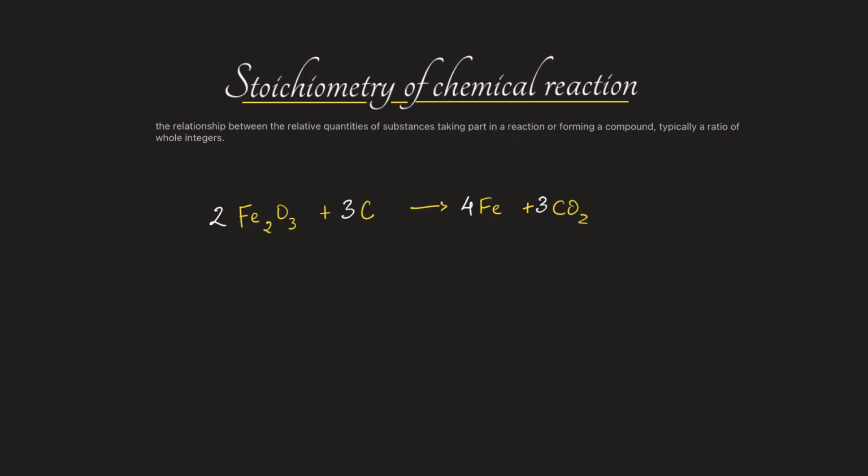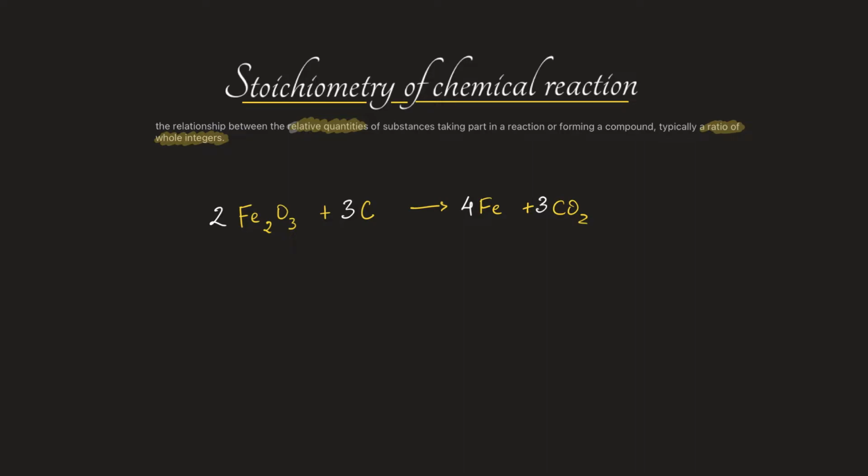of carbon dioxide. And as you look at these coefficients, I want you to take your attention back to this seemingly complicated definition. However, I'm going to highlight a couple of key terms here. The first one being relative quantities, and the other one being a ratio of whole integers.